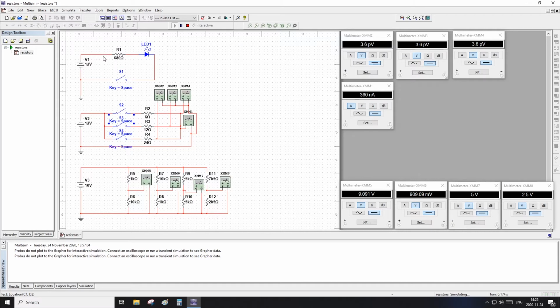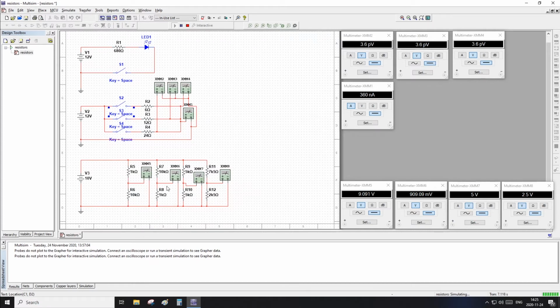Well, basically, if any power supply has any load, there will always be a voltage division. And I've made a small circuit to show you this.